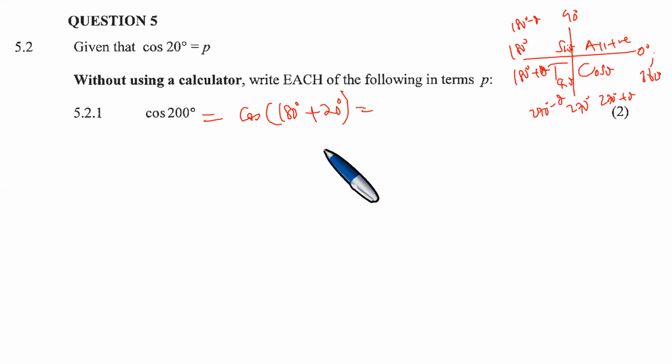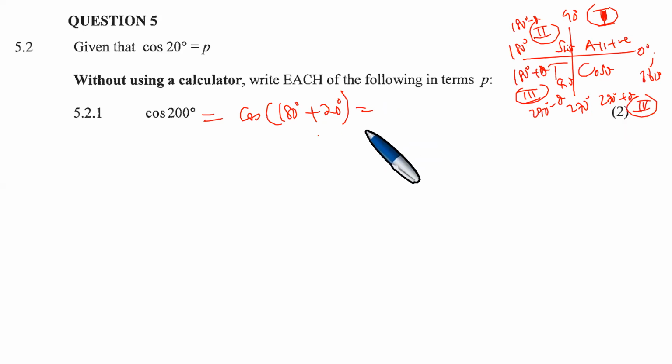So if you say 180 plus, you are in the third quadrant, because this one is the first.